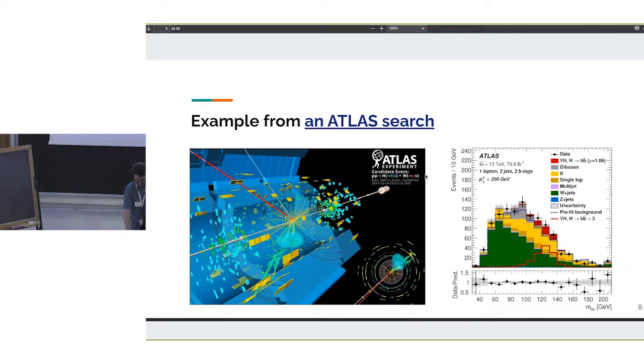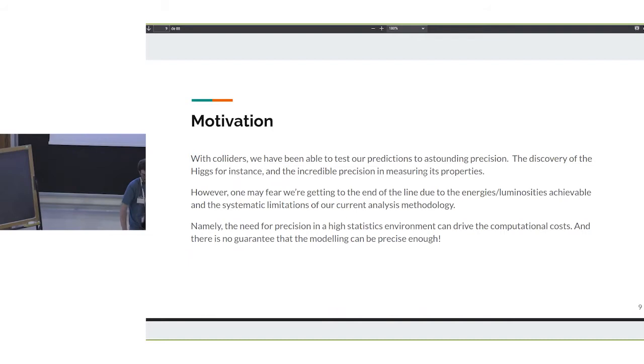This is currently the most popular way of thinking about models. However, even if with colliders we have been able to test our predictions to an astounding precision, we may fear that we are getting near the end of the line of this type of method. Why? Because, besides the fact that the energy and the luminosity can have a hard cut given the experimental constraints, the money constraints, there is a systematic limitation because of the need for simulations.